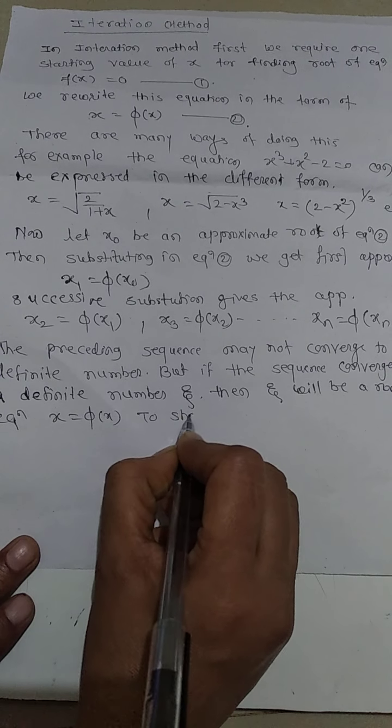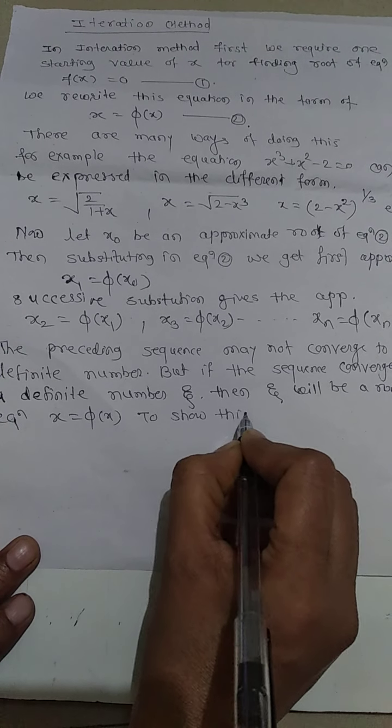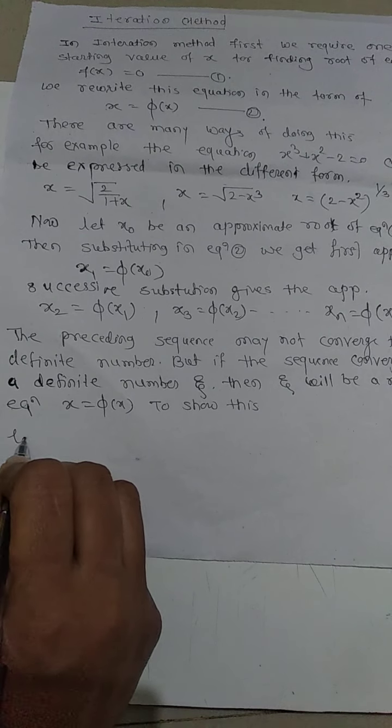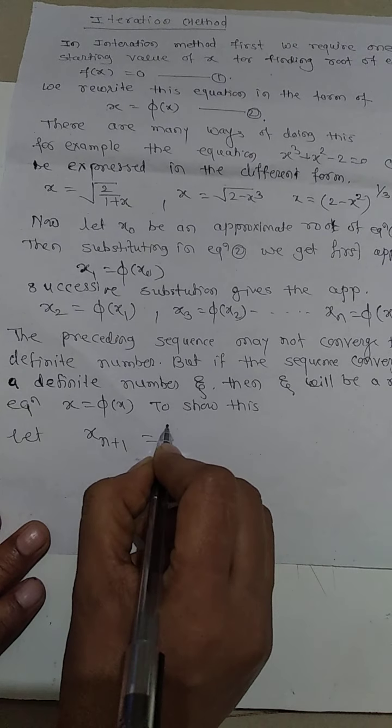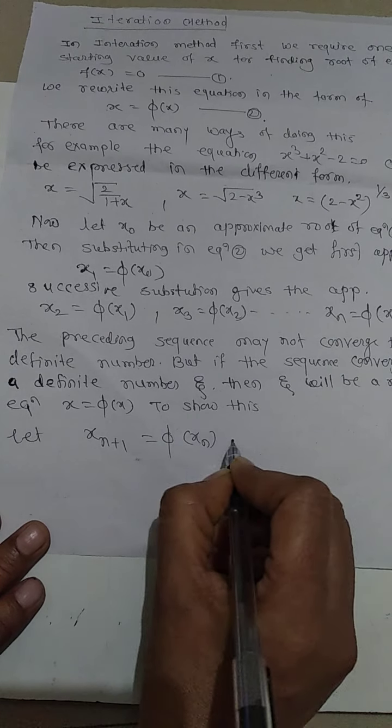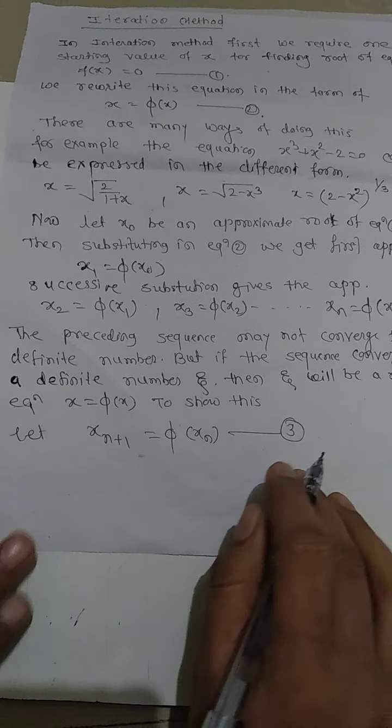To show this, let x of n plus 1 is equal to phi of xn. That is equation 3.